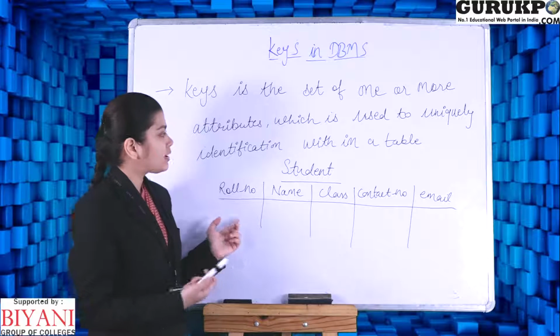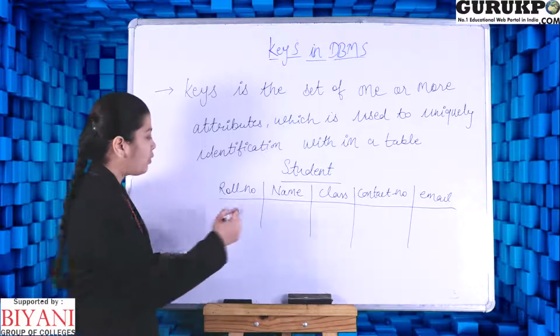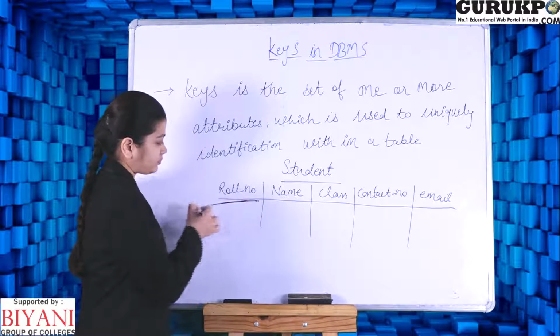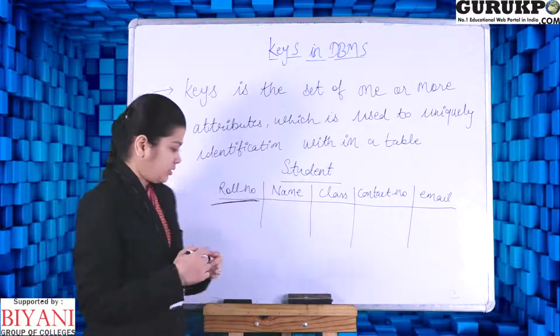So roll number is the key in the student table to access the data.